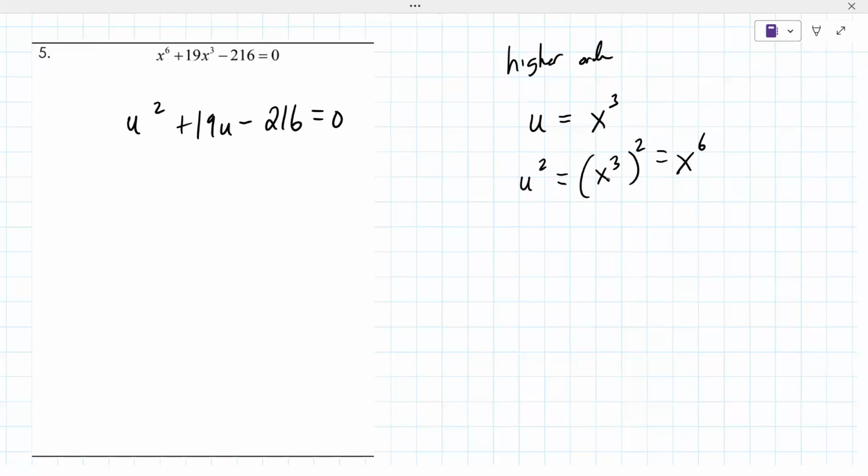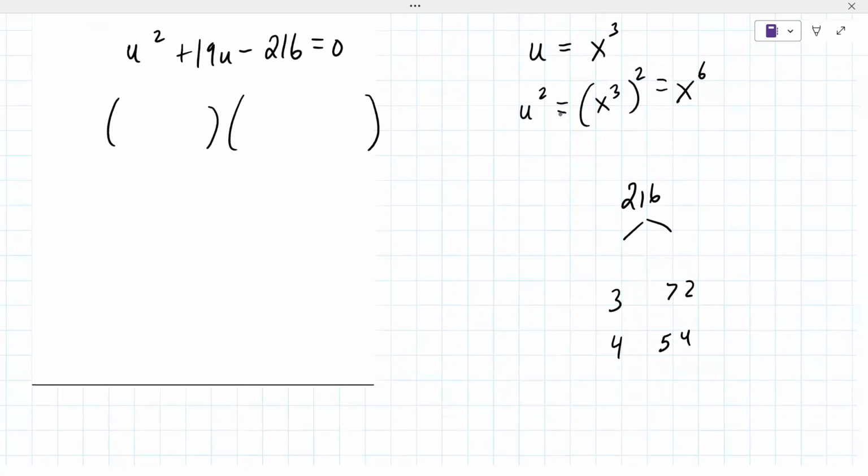All right. And now you have to factor this, which is kind of a pain. 3 and 72, 4 and 54, 6 and 36. Does 8 work? Yeah, 8 works because 2 and 4 work.